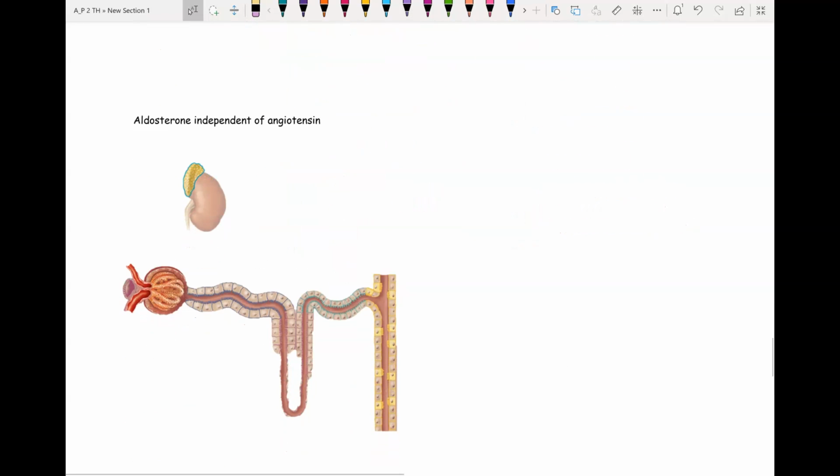Okay, then aldosterone. So aldosterone is part of the renin-angiotensin system, but it can also act independently. Aldosterone is from the adrenal cortex. And your adrenal cortex monitors your blood potassium and sodium.